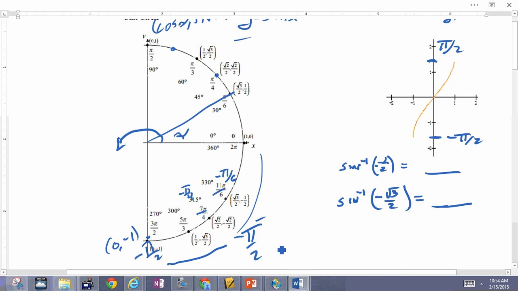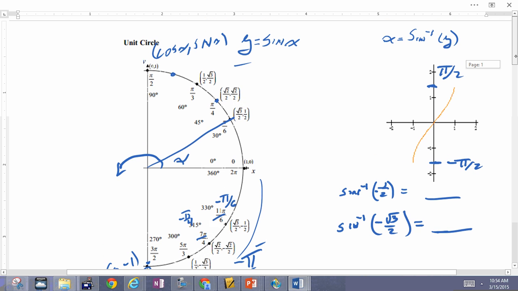Now, if we are evaluating the inverse sine, remember, the inverse sine is the y value. So if we say the inverse sine of 1/2, then we're taking this y value of 1/2 and reading off the corresponding angle. We're inputting the y and reading off the angle, which is of course pi over 6.